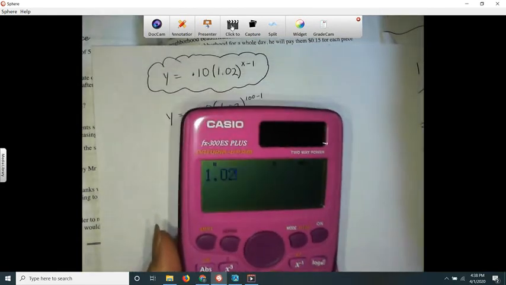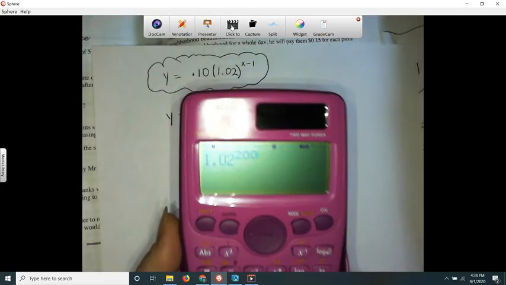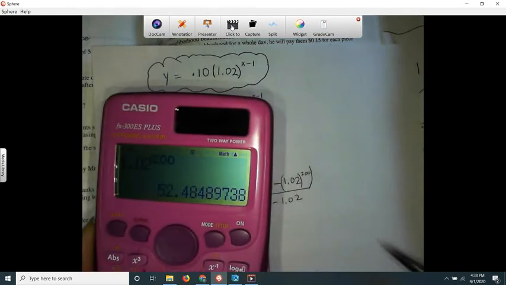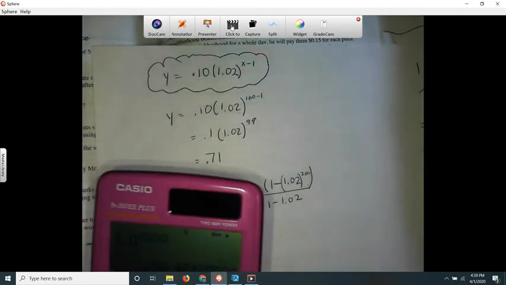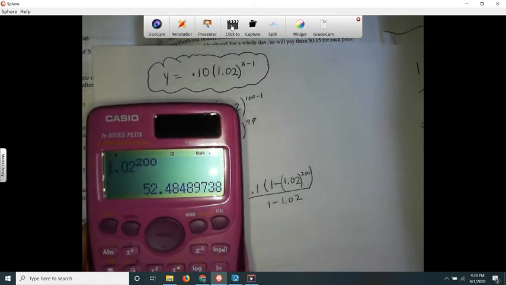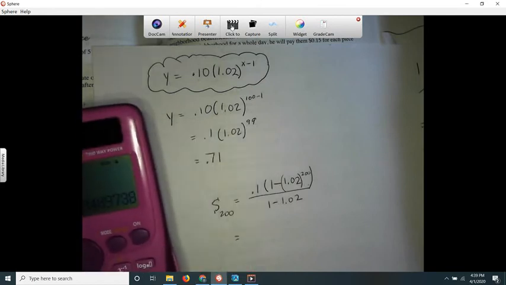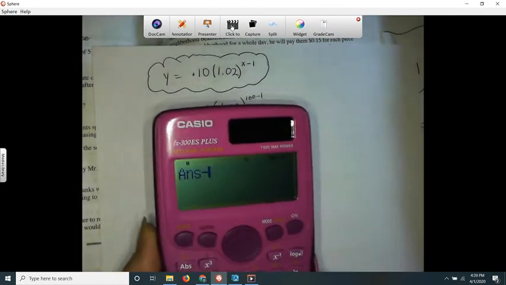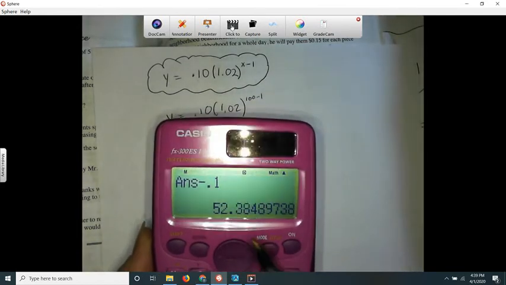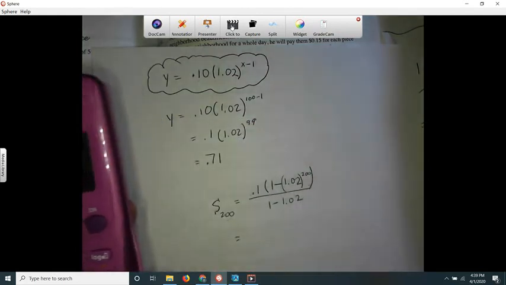1.02 raised to the 200. See what that is. And then I'm kind of lazy. I know that's supposed to be negative, but I didn't bother pushing the negative thing. I know it's negative. I didn't feel like pushing the buttons in the right order.